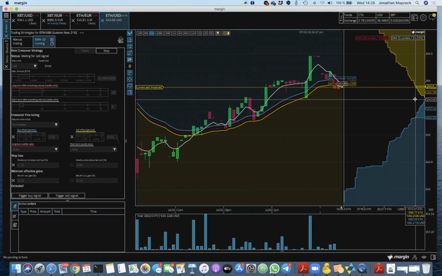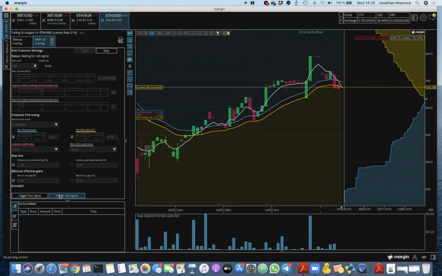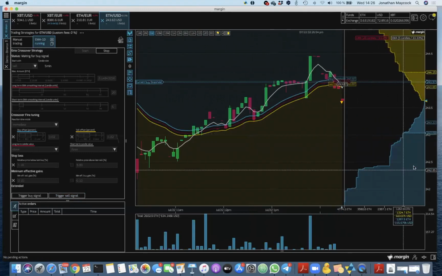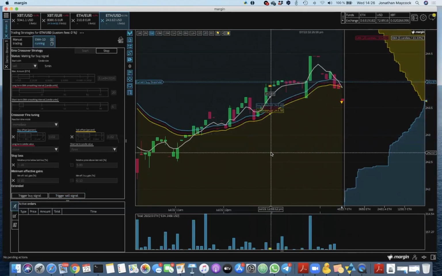Maybe you also think, oh, it's definitely going to crash, the market is, and we provided these trigger buttons here as well to allow you to then trigger the sell to happen now because you think you know better, and then it should go into the buy condition for the bot. So we can also trigger this, which I've just done. So we've triggered it. Here's the sell, and the bot is now waiting for a buy signal. So if the market now goes down, it should buy below, and that's the idea.